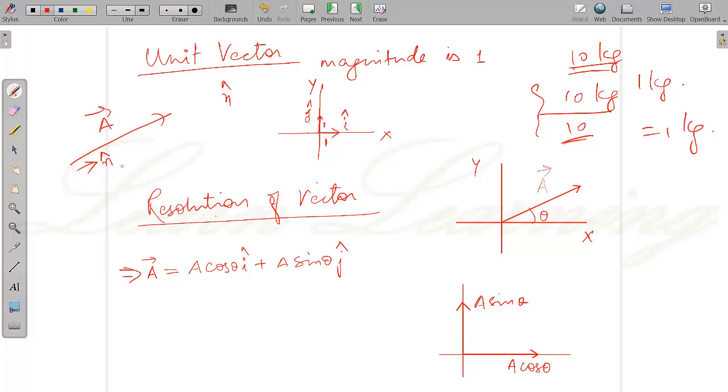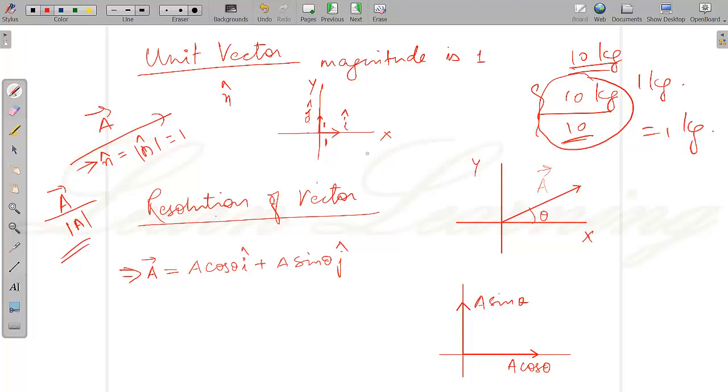If someone is asking what the unit vector is in the same direction, that means what is the vector in the direction of A whose magnitude is 1. So the magnitude is 1, and the direction is the same as the direction of A. How do you get that? We basically take the vector and divide by its magnitude, similar to this example. So you get the unit vector along A.